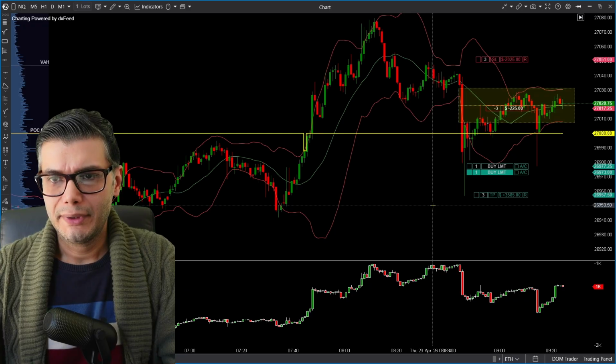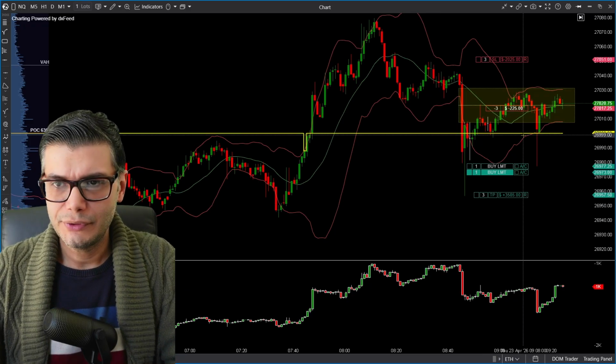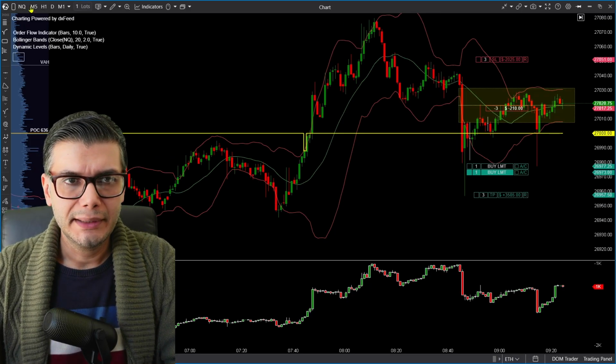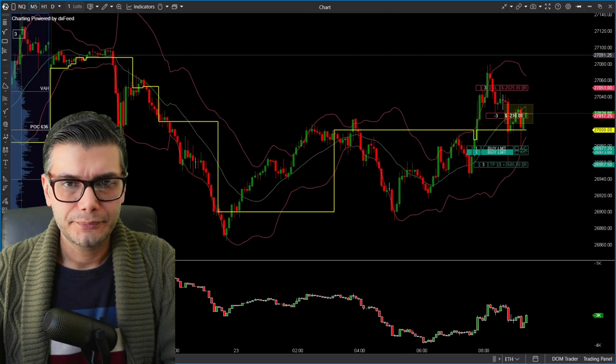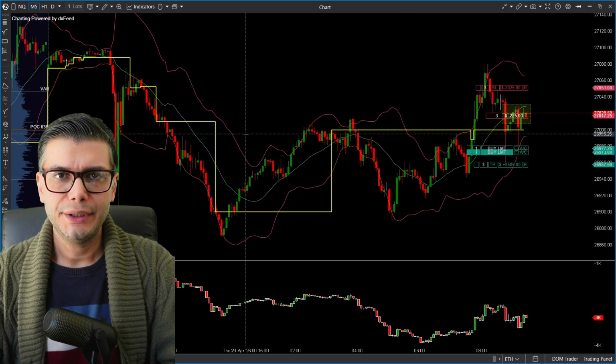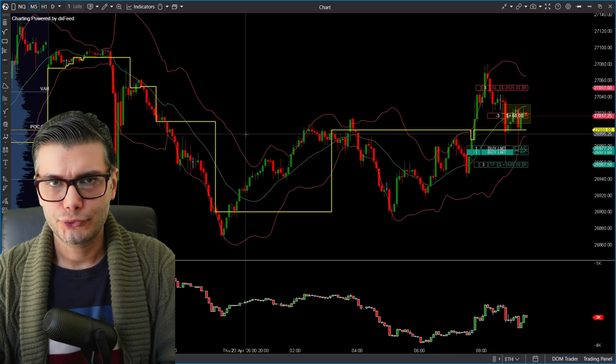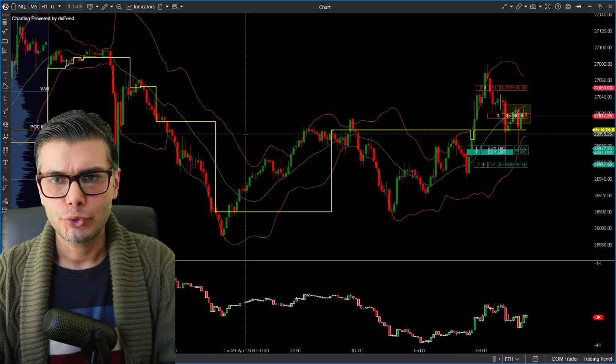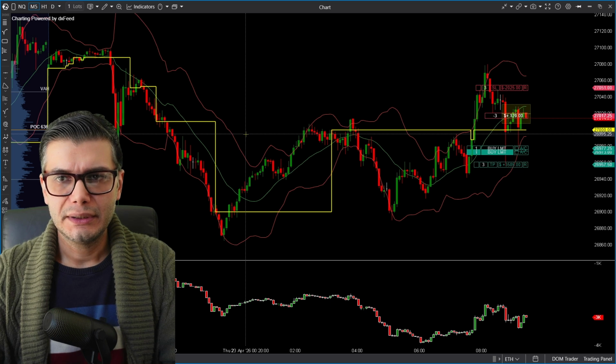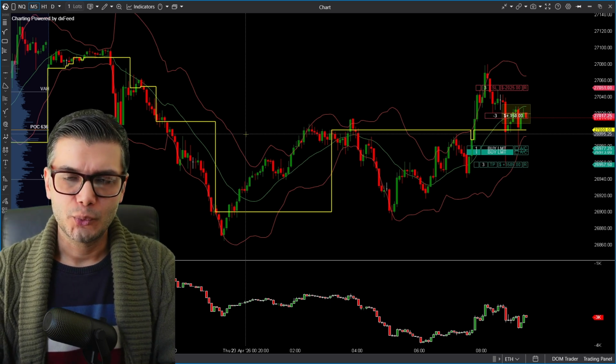Okay, here I have added the dynamic levels, this yellow line. The dynamic level, what it does is actually, it is the history of point of control. As the point of control changes, the dynamic level changes as well.